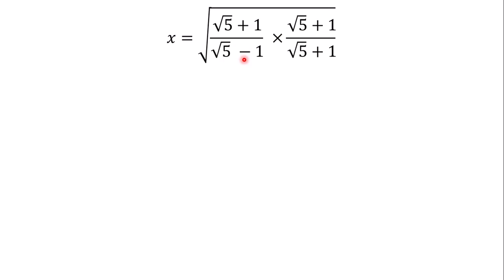Okay, good. So what are you going to get? This times this: this one and this one are the same. So you're just going to bracket it first. I know why you are going to bracket it, and you will find out by the end of the day. You're not just going to expand it, but we just bracket it. But this one and this one are the same, so just write in brackets root 5 plus 1 all squared.